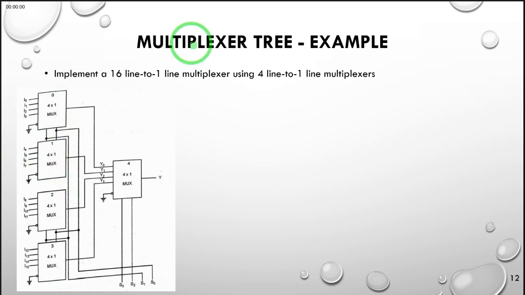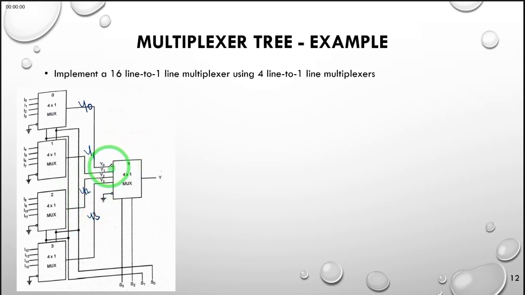And what we observe is that it has 5 multiplexers. 4 act as the input lines, and 1 selects the output from each of the 4 multiplexers, so that we have Y0, Y1, Y2, and Y3.